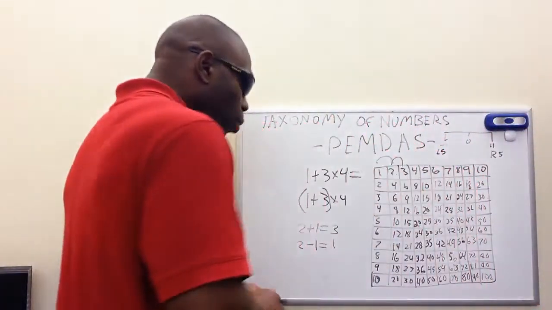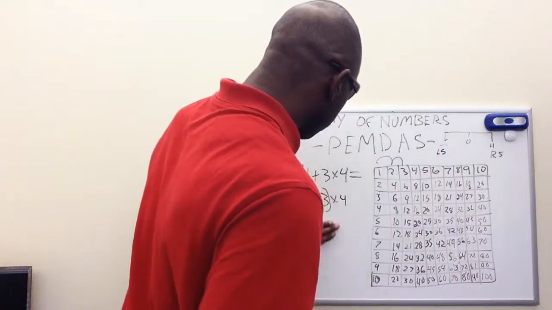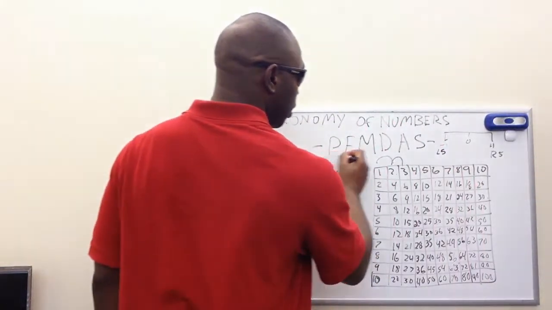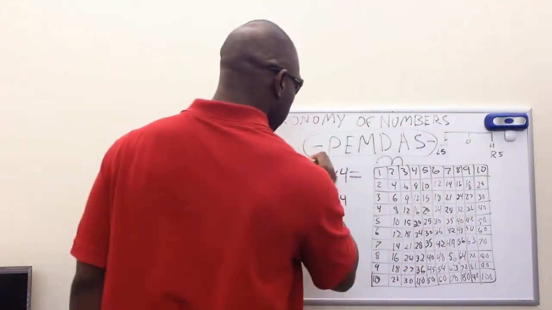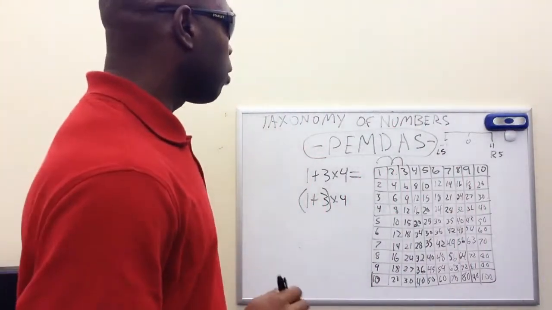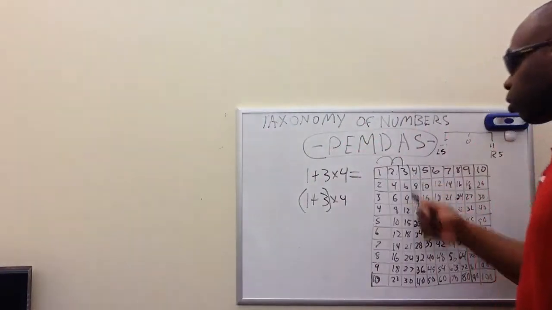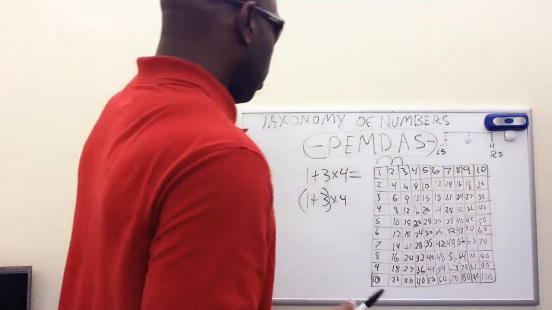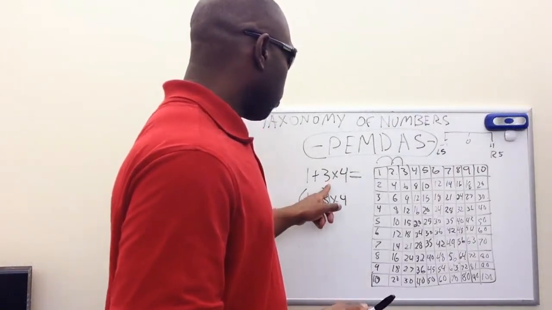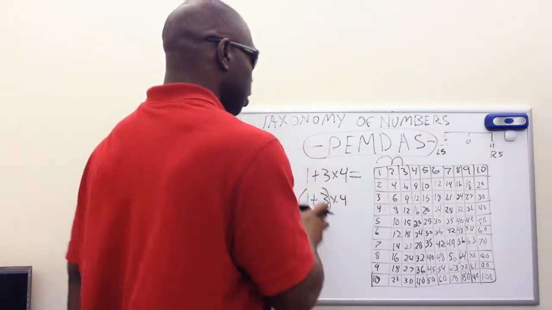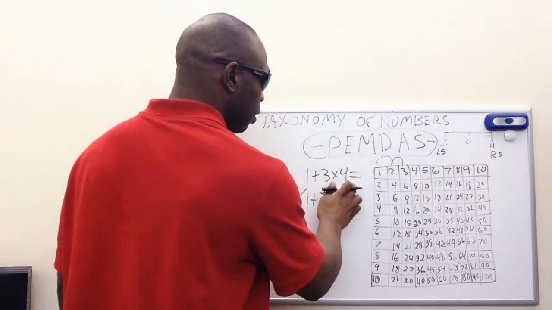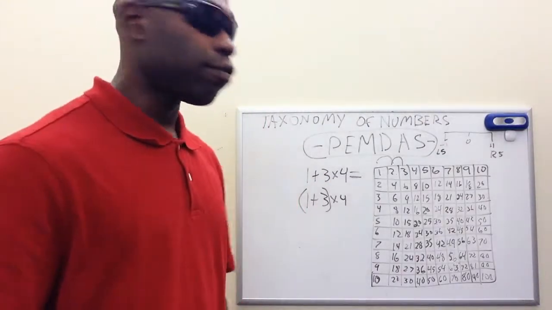So when you're dealing with PEMDAS, as an unspoken rule, it is a relationship between numerical values as they apply to the real world. If I have $1 and then someone else gives me $3, and then I get that whole quantity 4 times, how many dollars do I have?